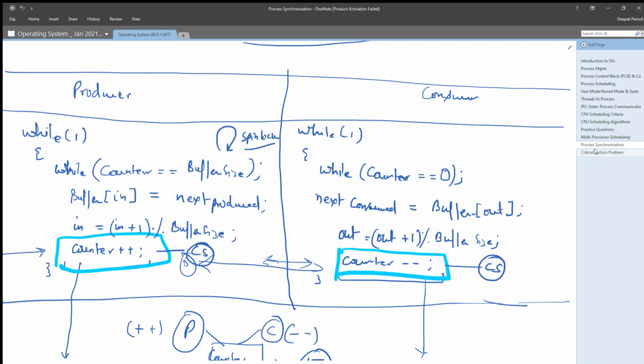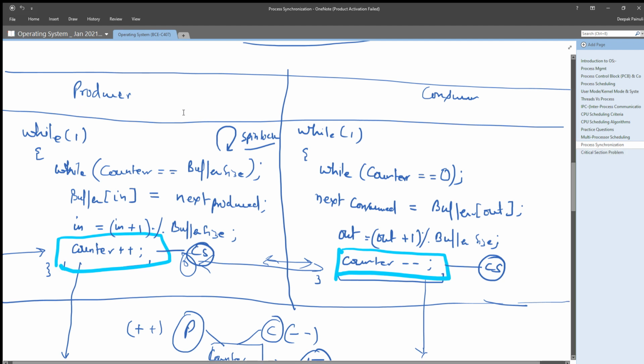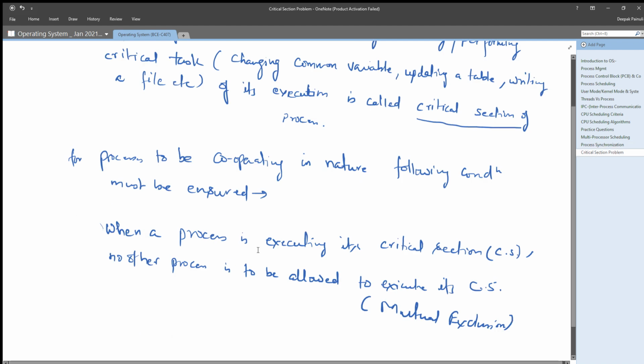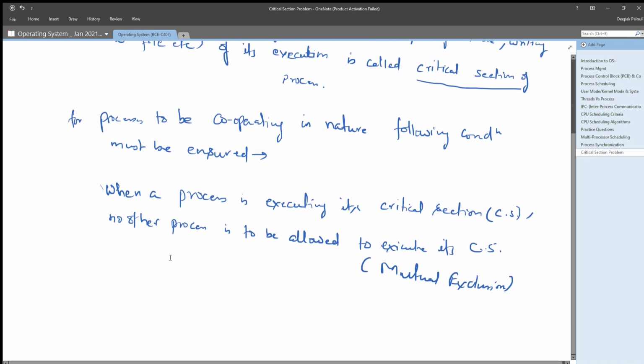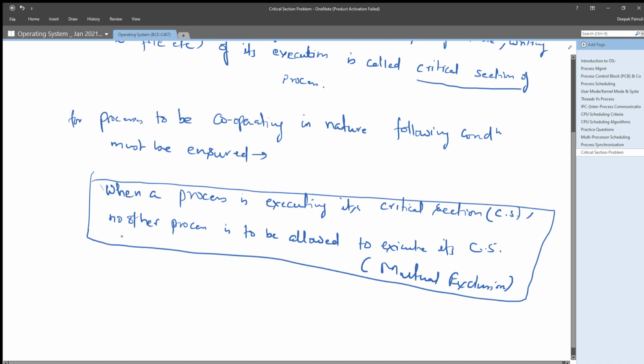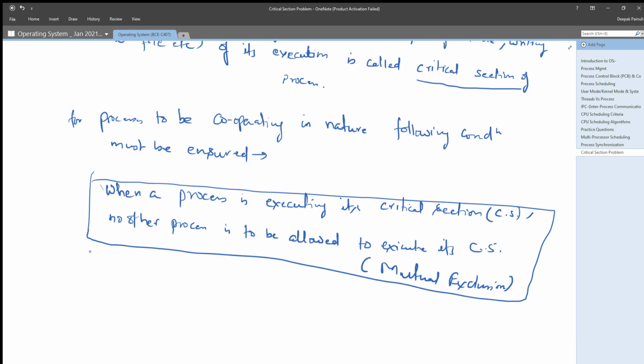So we want that more than one process cannot execute its critical section. That's why we must ensure that when a producer is executing its critical section, the consumer process should not be allowed to execute its critical section.